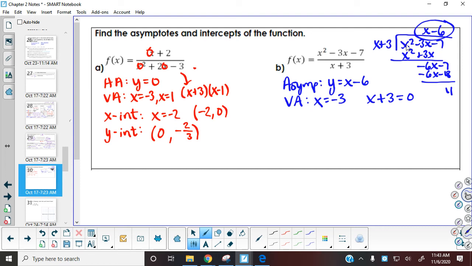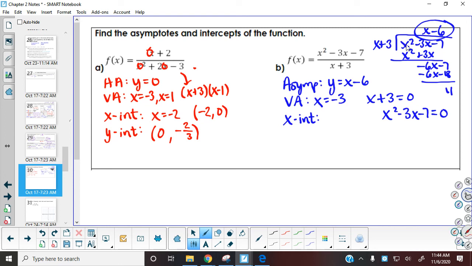And then I go on to figure out my x-intercepts. I'm going to be setting the top equal to 0 and solving. Now, unfortunately, this is not one that you could factor. So what you would need to do in this case is go ahead and use the quadratic formula.